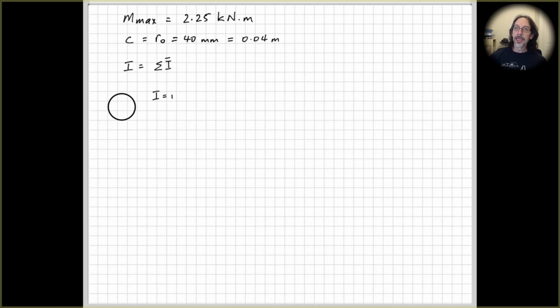So now calculating our moment of inertia. We have a circular cross section here, so we can look up the back of the book in the appendices and find the moments of inertia of the common shapes. So circle is a common shape, and we can see that its moment of inertia about a centroid will be pi r to the 4th on 4.